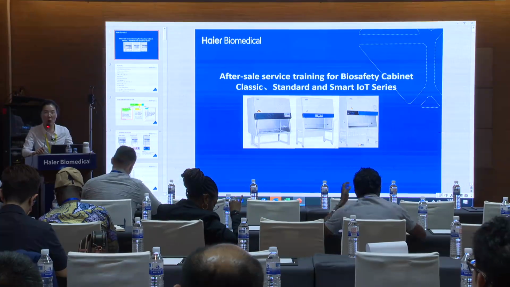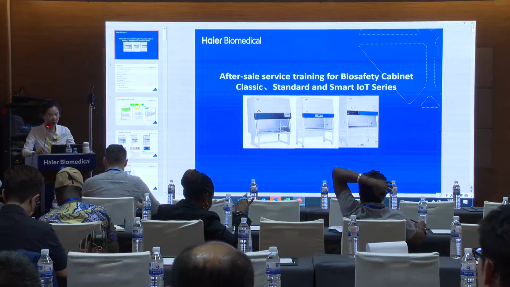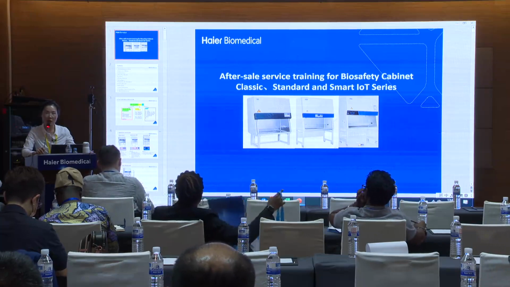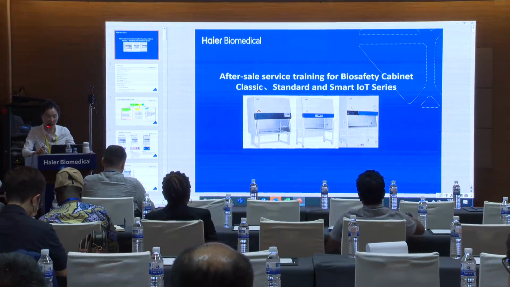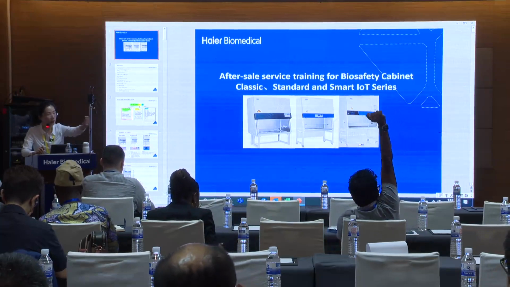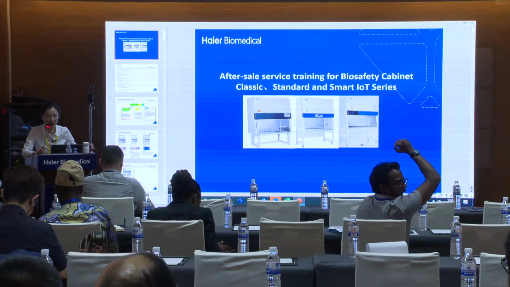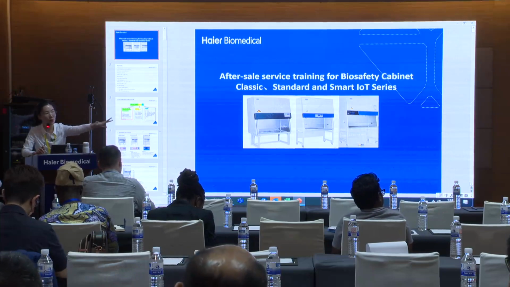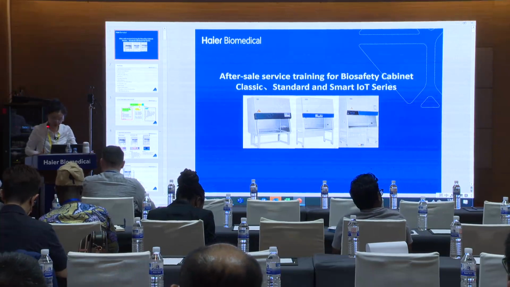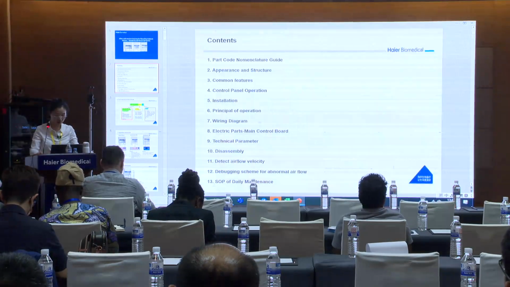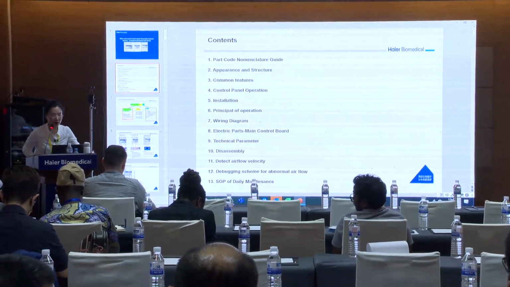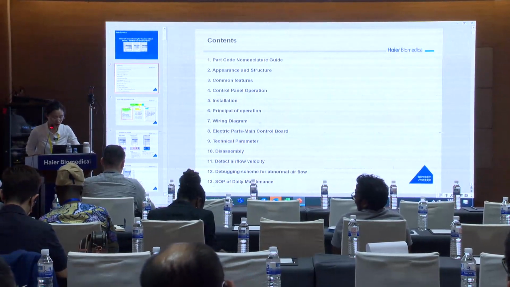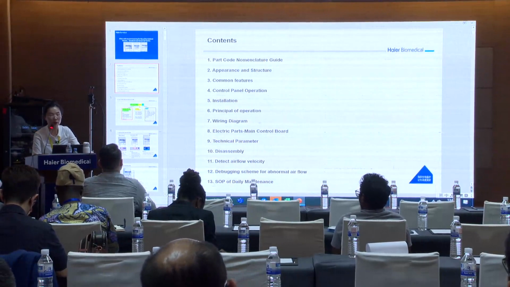Now, this afternoon, we will mainly focus on three big categories: classic, standard, and smart IoT series. So this real machine is already there. The contents I introduced today include 30 contents.